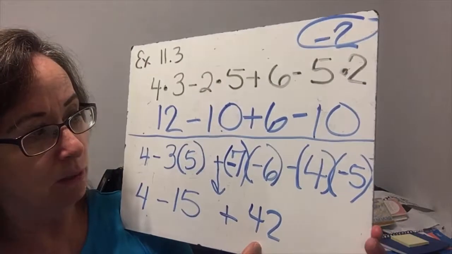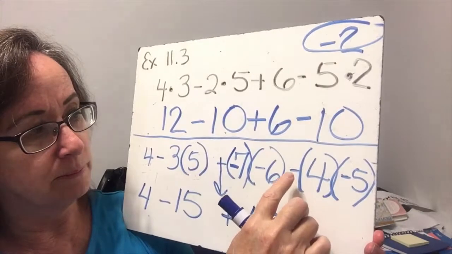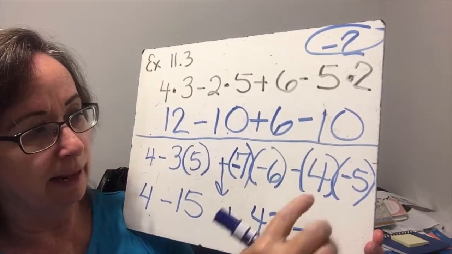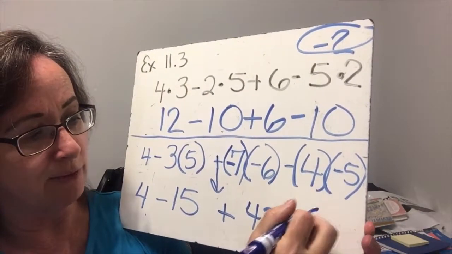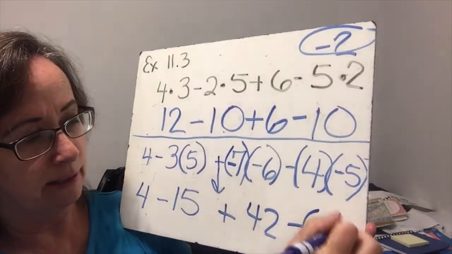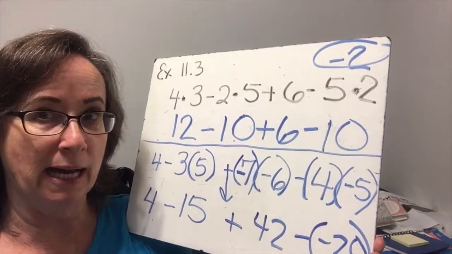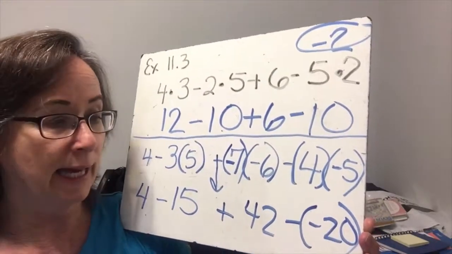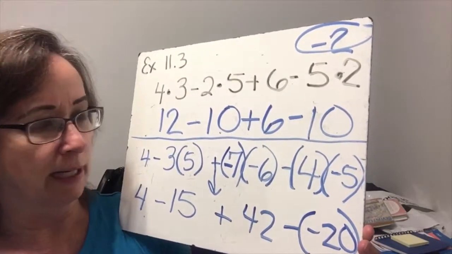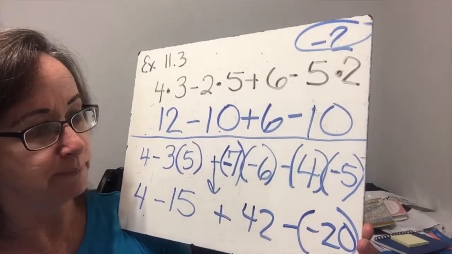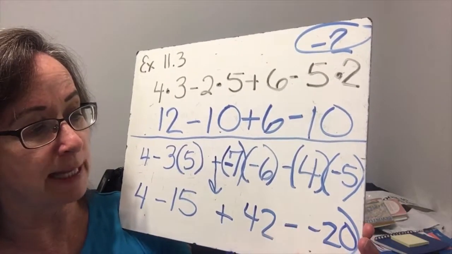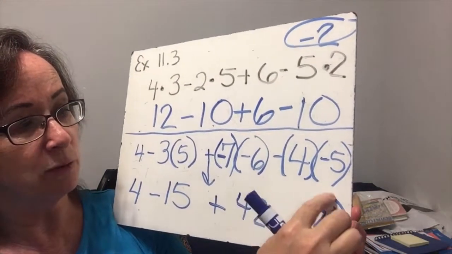And then we're going to minus, and then we have 4 times a negative 5 is a negative 20. Okay, so we've got a minus a negative 20, which is a positive 20. Or another way to look at it is the opposite of a negative 20 is a positive 20. Okay, so we're going to erase this and put a positive 20 there.